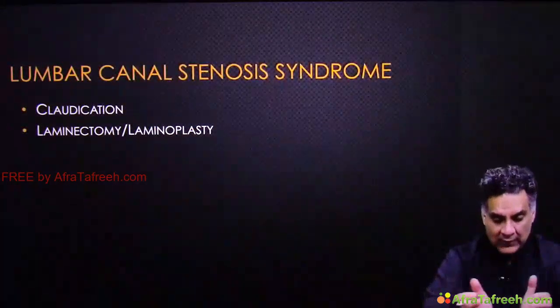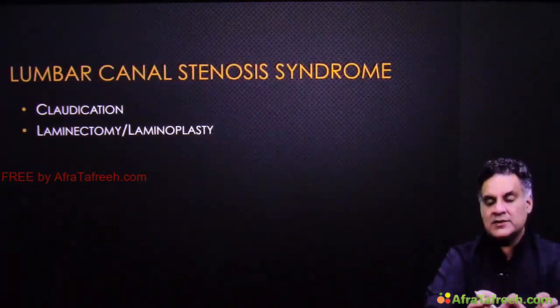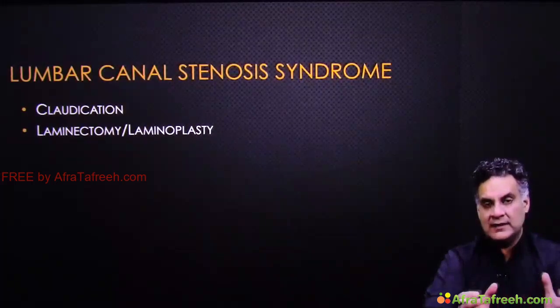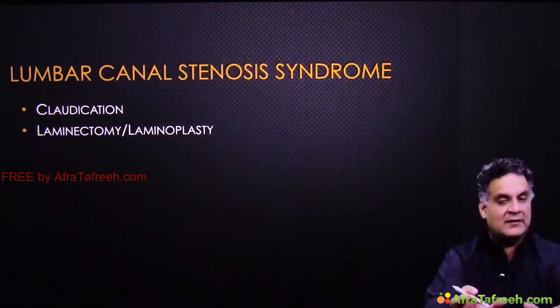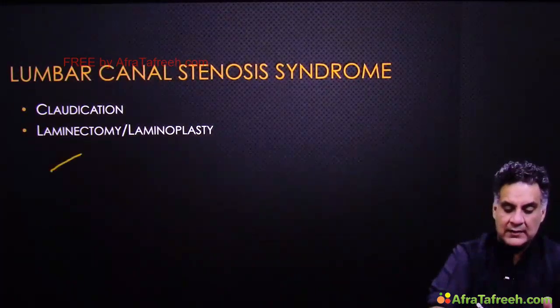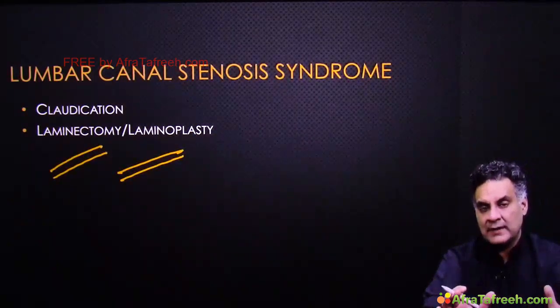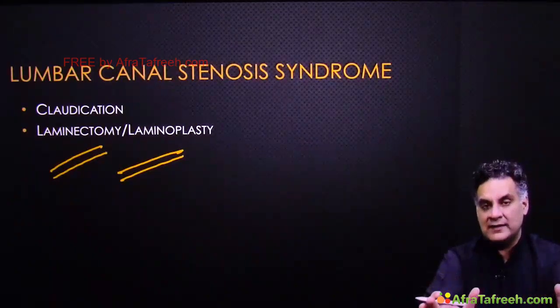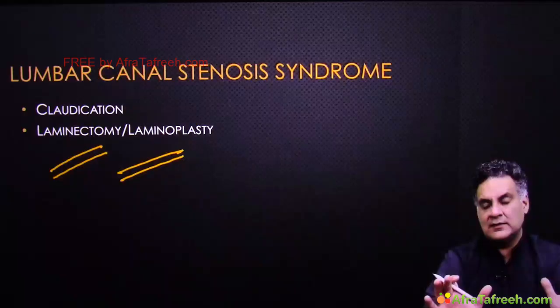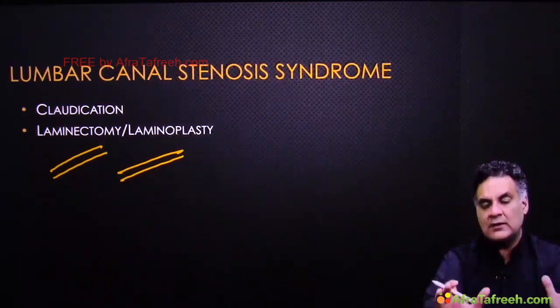If there's a narrow lumbar canal diameter, less than 10 millimeters, the patient will have claudication. As he gets up and walks, he will feel heaviness. As he sits down, he will be better. This is treated with removal of complete lamina or opening a window and hinging on the back, creating more space for the neural canal, the nerve roots and the spinal cord, called laminectomy or laminoplasty.